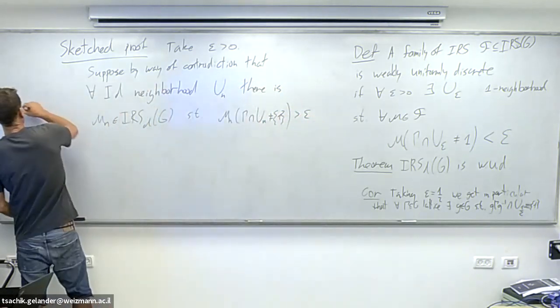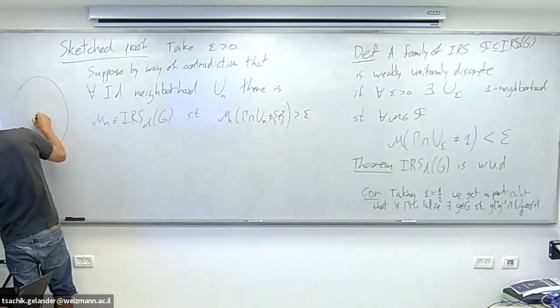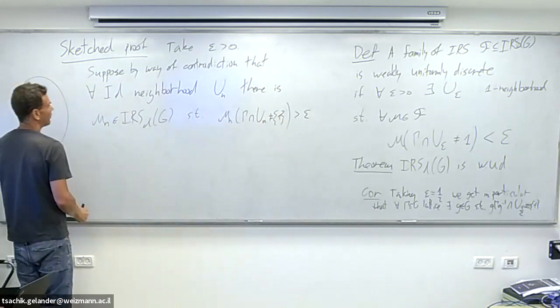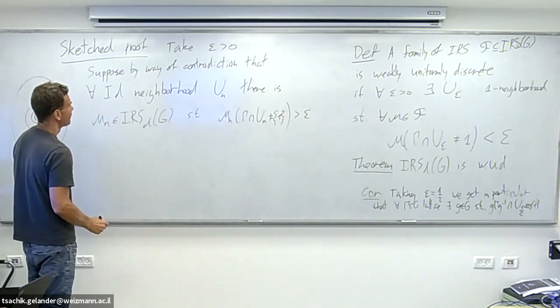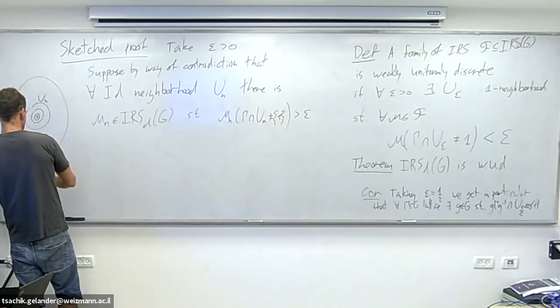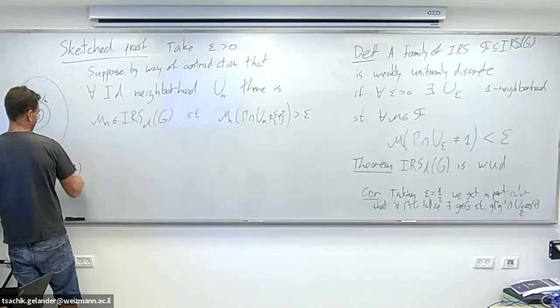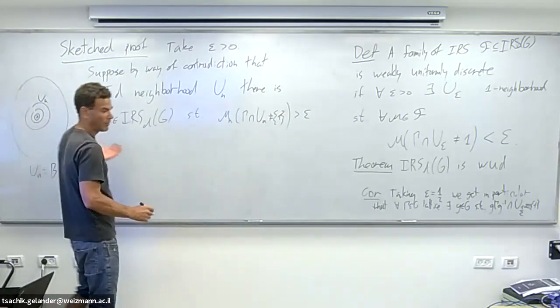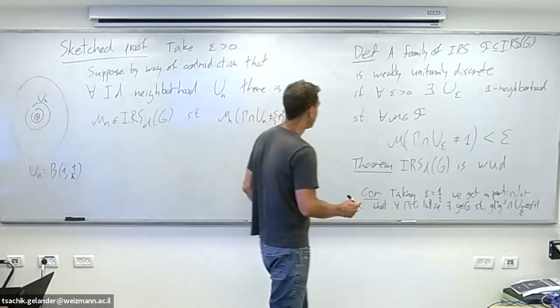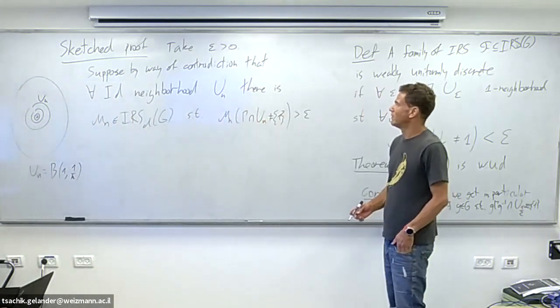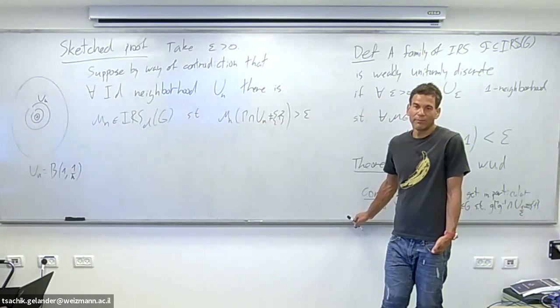I think of U_n as an identity neighborhood; if you want, I can think of U_n to be the ball around the identity of radius 1 over n, or some metric. It's a simple group, so there is even a natural metric there, coming from some norm on the Lie algebra.